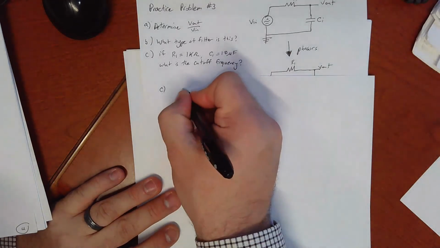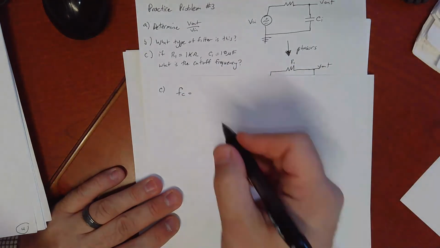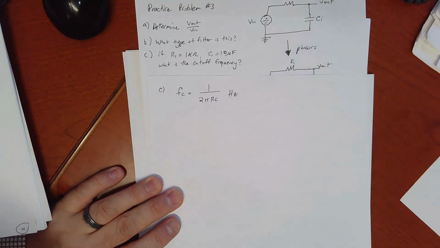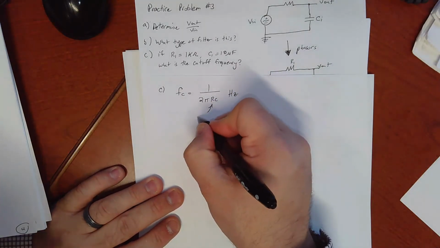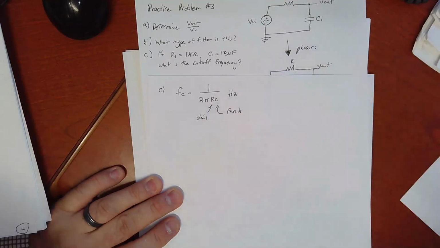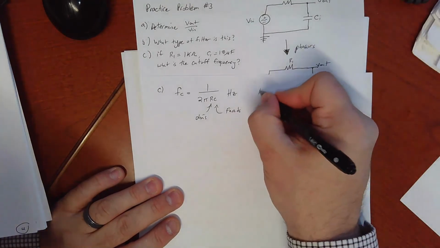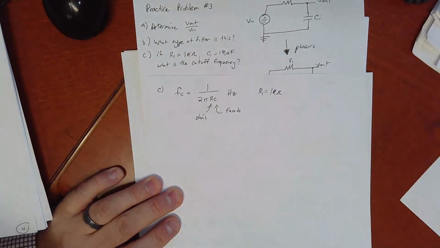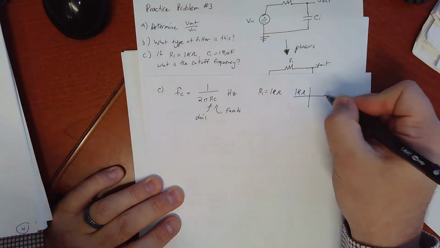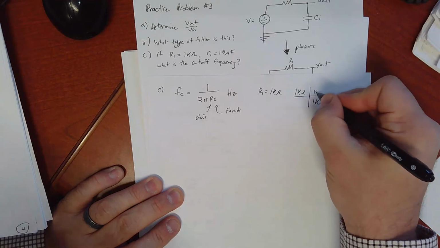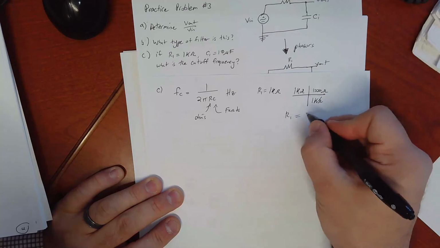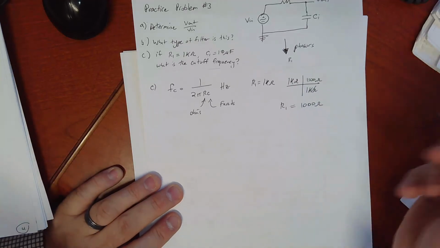So for part C, we know our cutoff frequency equation in hertz. It's going to be 1 over 2 pi RC, where R has to be in ohms and C has to be in farads. We have that R1 is equal to 1 kilo ohm, which is equal to 1,000 ohms.